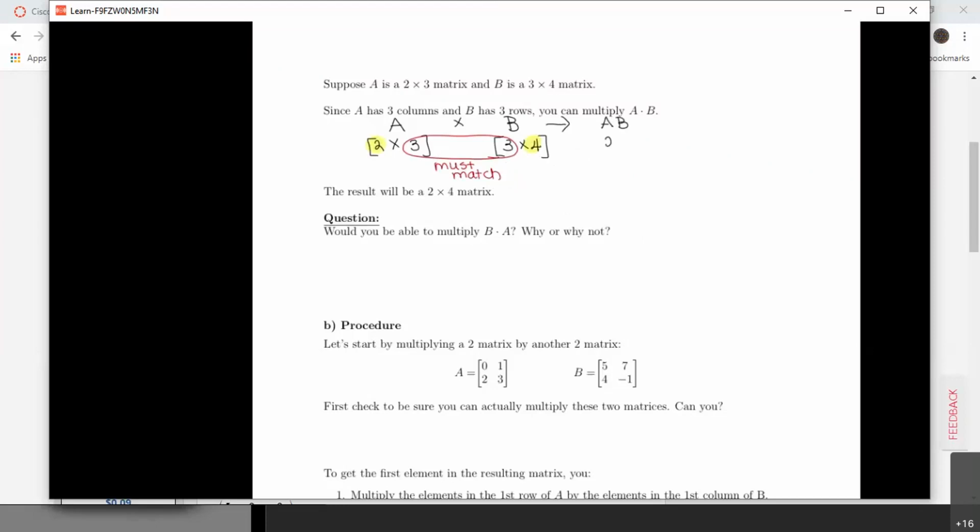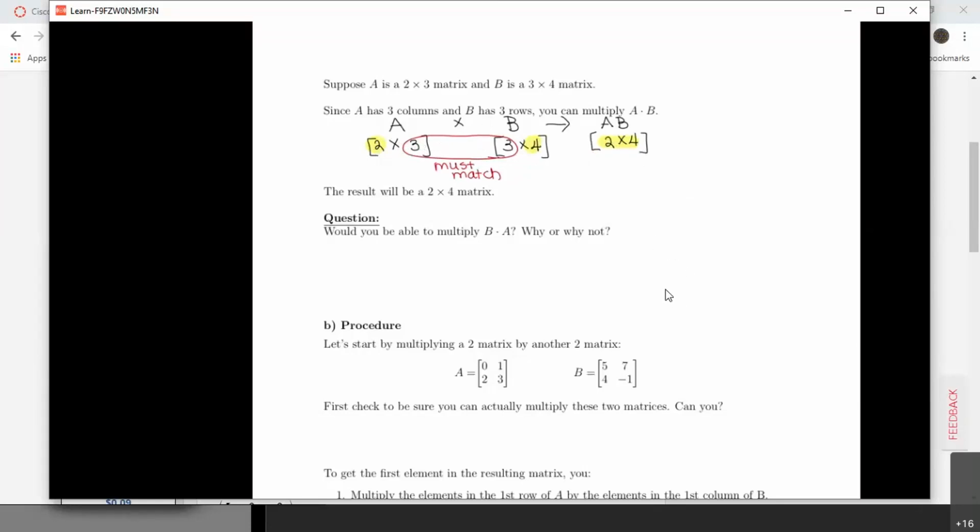Those are going to be the dimensions of your product. Basically, if you put the dimensions of the 2 factor matrices next to each other, these 2 middle numbers have to match in order for it to work. And your product matrix will have the remaining dimensions. It'll have the number of rows in the first matrix times the number of columns in the last matrix.